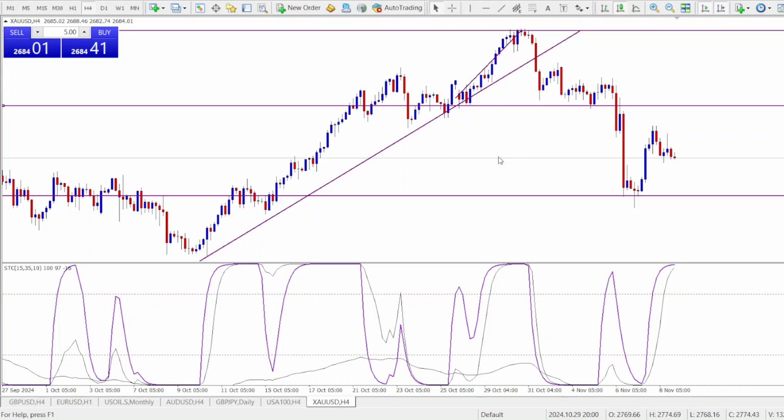Additionally, you can add other indicators like moving averages or any other indicator of your choice just for confirmation. The settings that we have discussed in this video, those little modifications, you can experiment with them or even try out other values. You can tweak the values to find which one will suit your trading style best.